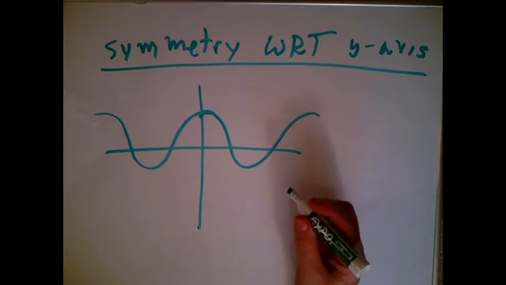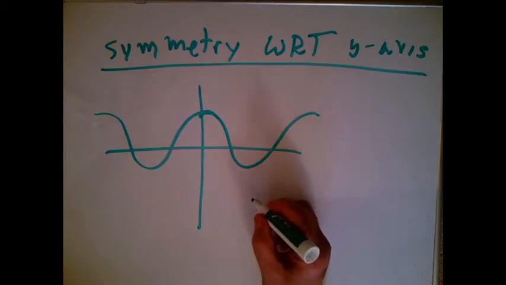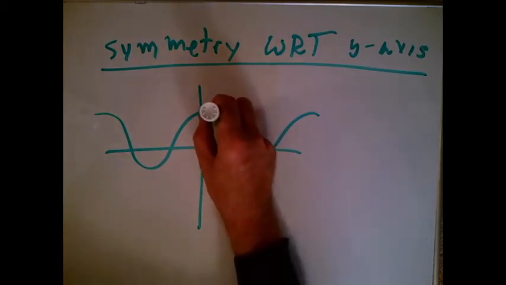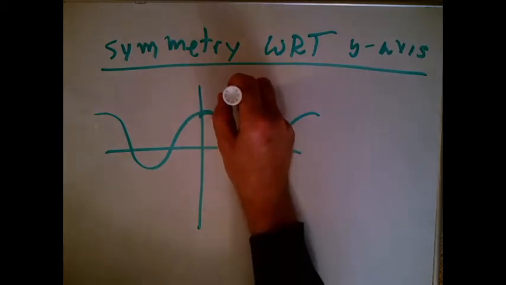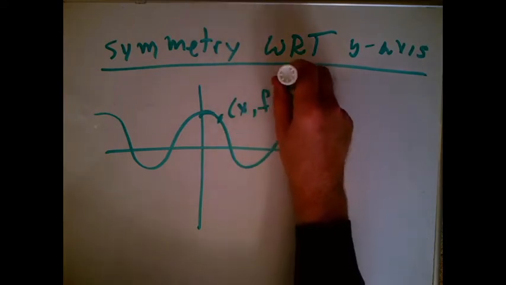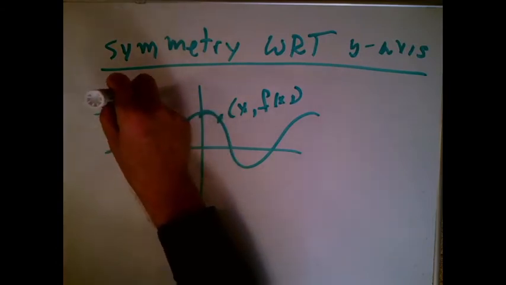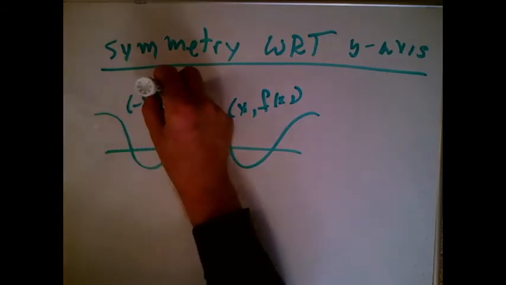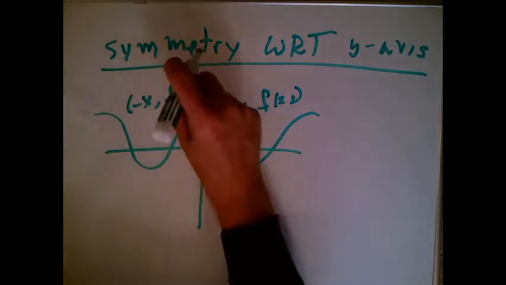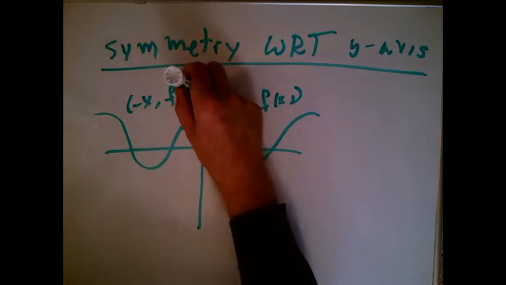Now there is an algebraic thing you can do for this, and you're going to see this kind of notation in a trig class too, but we're not going to do too much here. The idea is if f of x is on the graph and you fold over, you're going to get to the point minus x, f of x. Actually, let's do it this way. Let's say f of minus x.